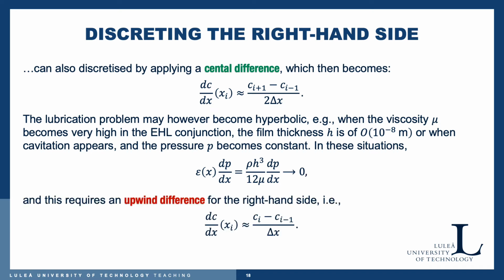And in order to solve the problem in these cases, we have to introduce an upwind difference for the right hand side. The central difference cannot capture the hyperbolic nature of the problem in this case.